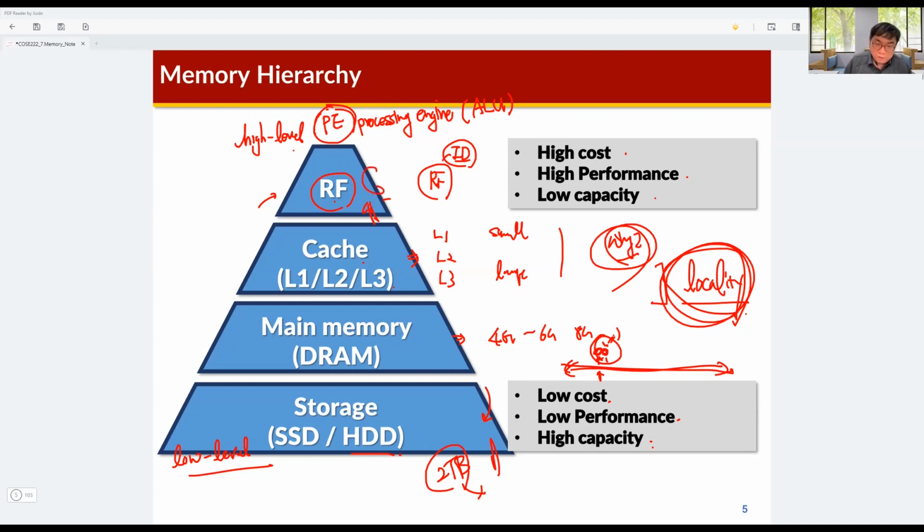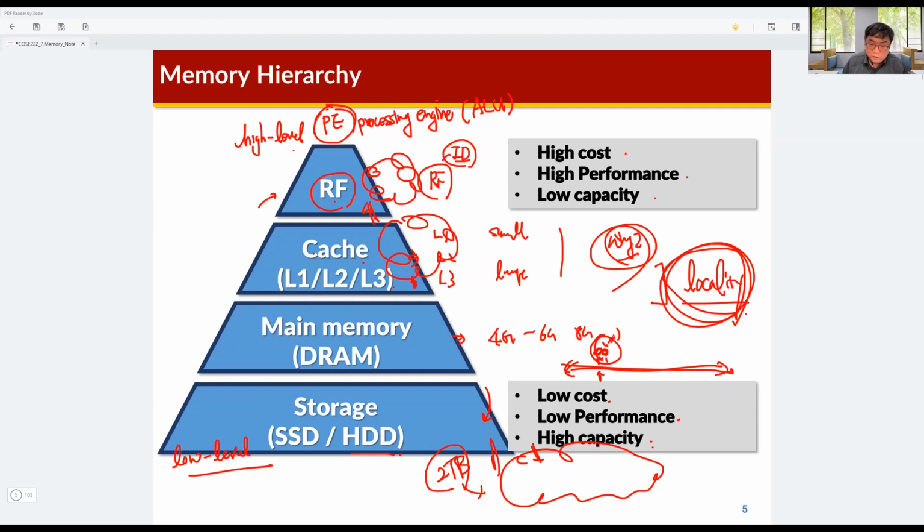So frequently used data is stored in the higher level of the memory, like registers, which are a special memory, or like cache memory. Frequently used data is stored in the cache memory because the cache is fast. But the entire data is stored in the hard disk drive or SSD, and we do not use this entire data.